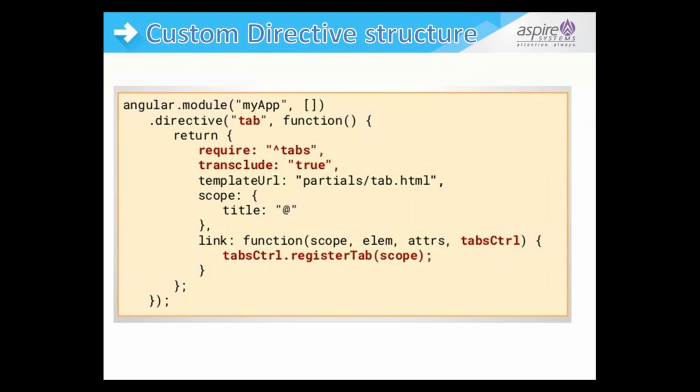That can be handled via the require property. So what I have said here is require tabs. When you create a tab, this code is for creating this directive, and for creating this tab I require this. Why? Because I do something here, and it updates something here.